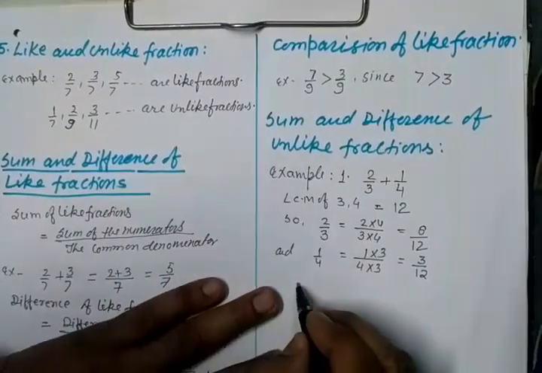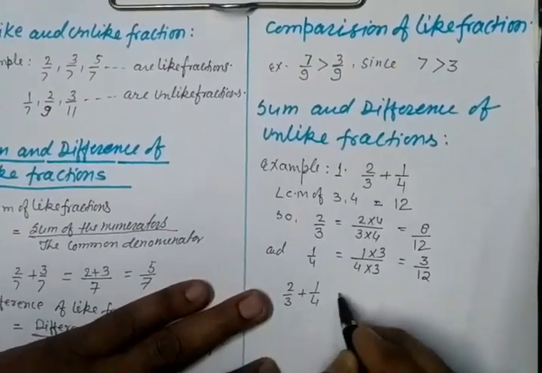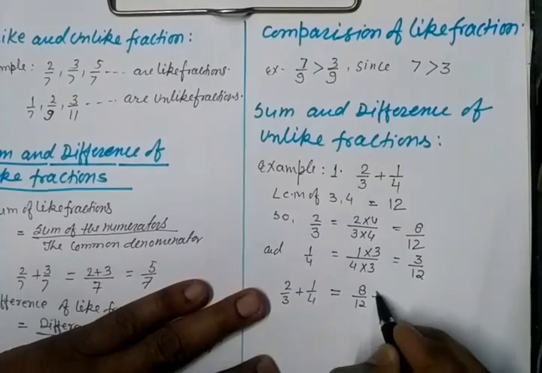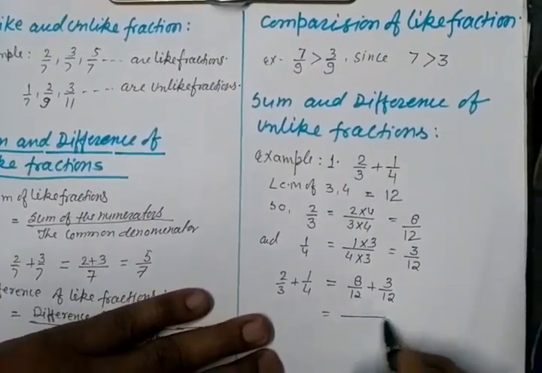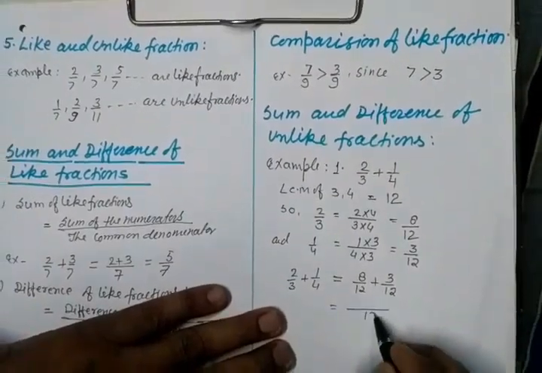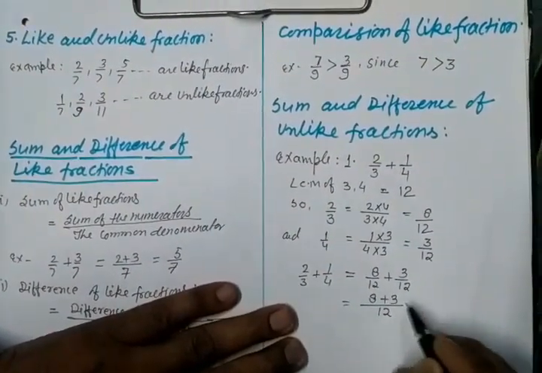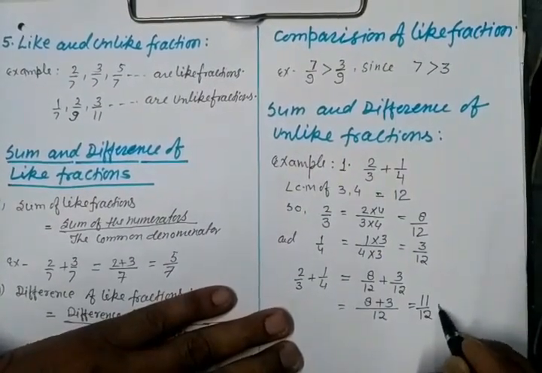Now 2 upon 3 plus 1 upon 4 equals 8 upon 12 plus 3 upon 12 equals, the common denominator is 12 and the numerator is 8 plus 3, that is 11 upon 12.